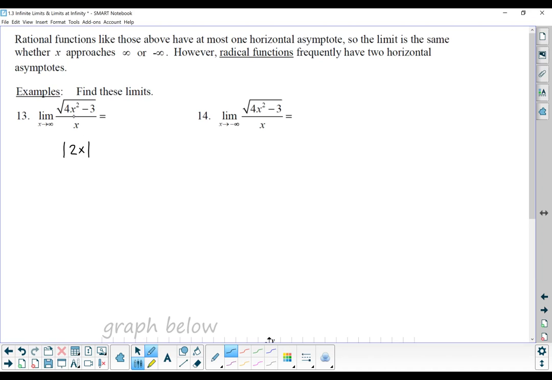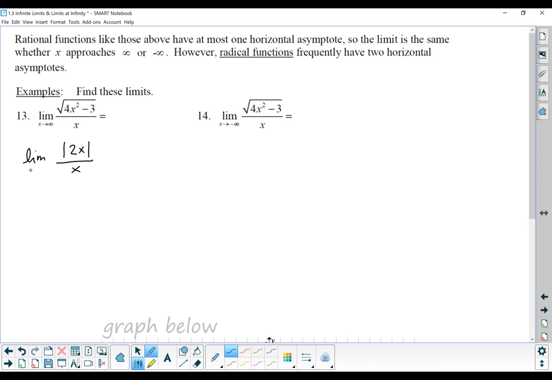The x came from square rooting an x squared. That square root needs to be positive though, and so that's why we throw those absolute value bars around it. We know that when we take the square root like this, we end up with a positive result. So we put absolute value bars around the 2x. Our numerator ends up being the absolute value of 2x. Our denominator is just x.